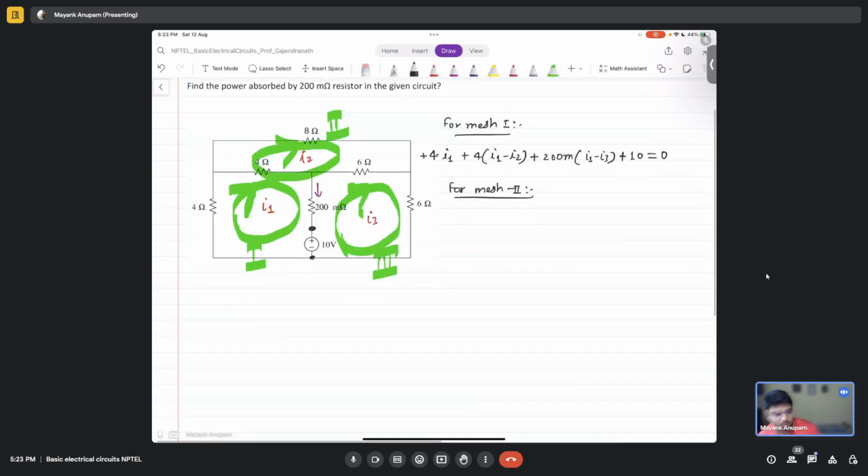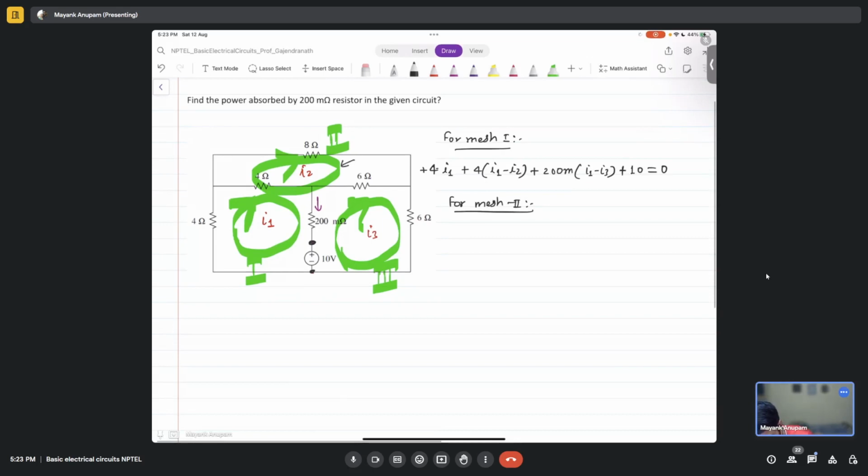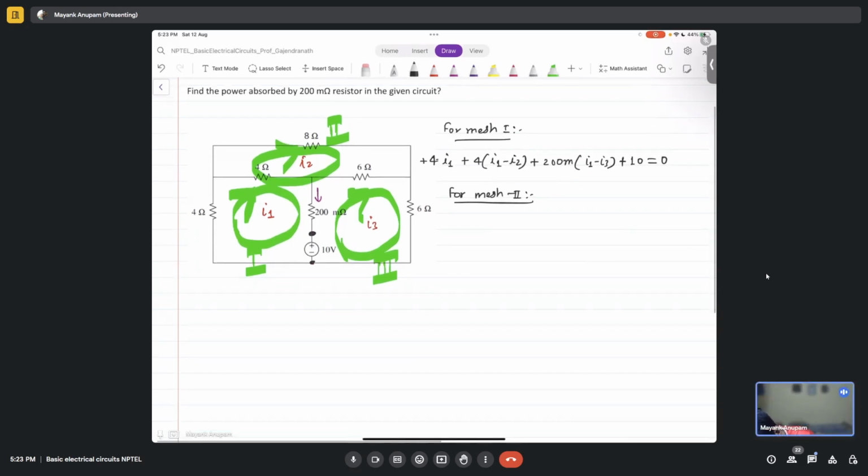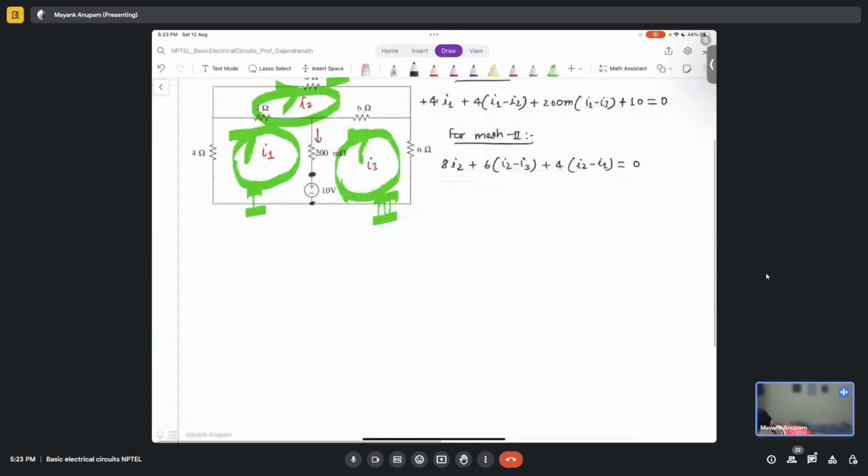What is the equation for mesh number 2? 8 I2 plus 6 into (I2 minus I3) plus 4 into (I2 minus I1) is equal to 0. Yes, very good.